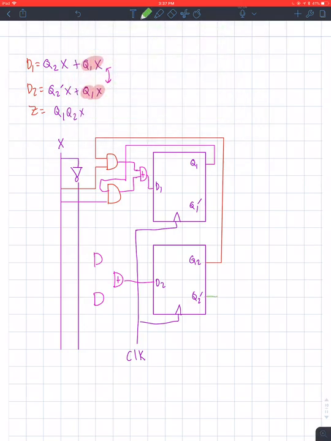So for D2 I have Q2 naught and I have X, and then I have Q1.